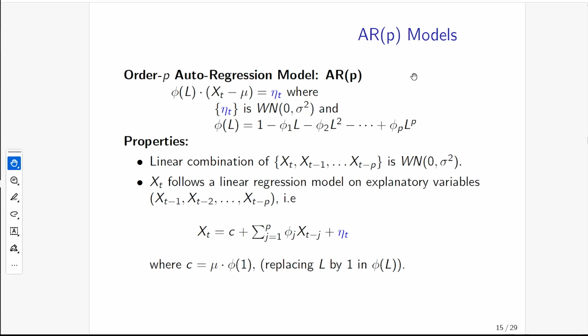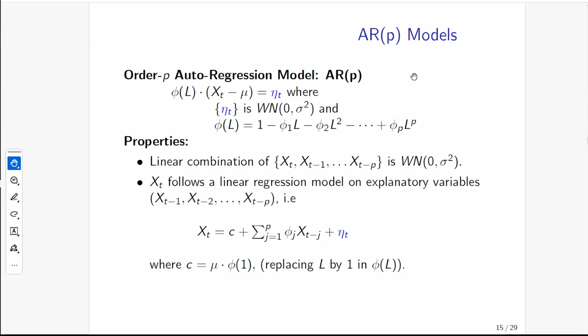And so that model basically says that xt is a linear combination of the p lags of xt plus white noise. So this is a regression model for our time series xt using predictor variables, the lags of this time series.